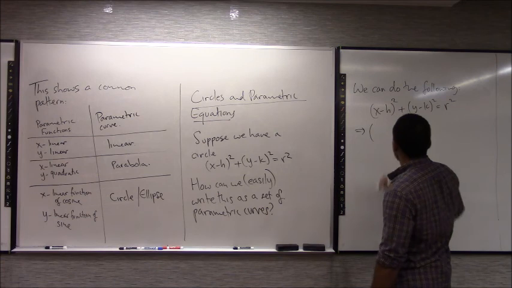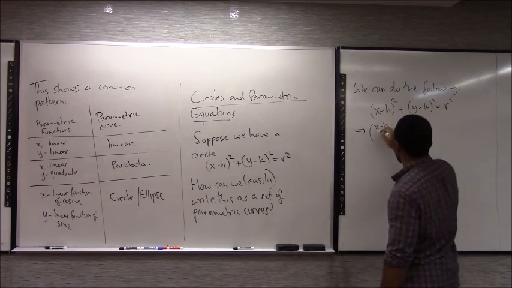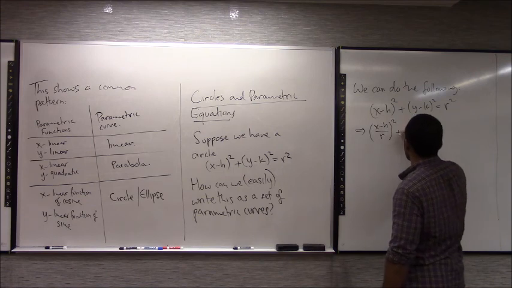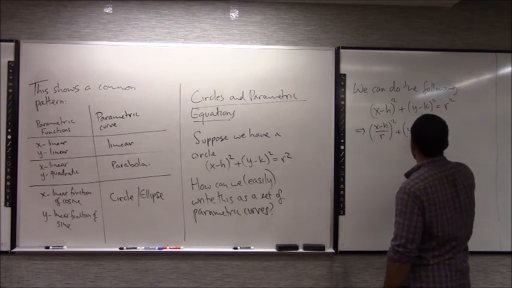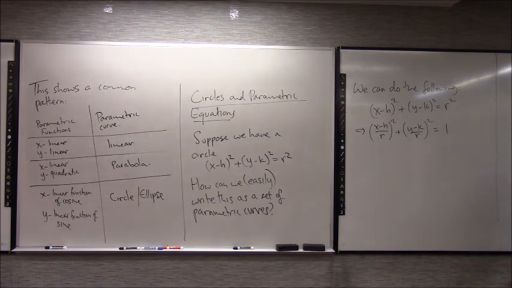We can divide both sides by r squared. And now you can take advantage of the Pythagorean identity.